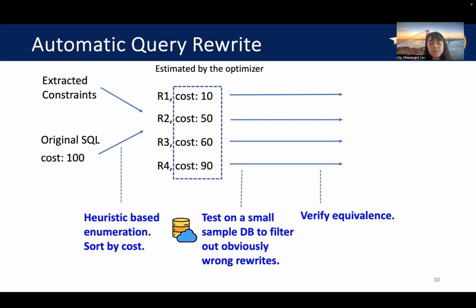The reason we need the sample database is that the verifier is kind of expensive, so we want to reduce the number of queries we need to verify, which reduces the overall optimization time. We do this for each query, and we return the first rewrite that is equivalent to the original SQL but also has the lowest cost.